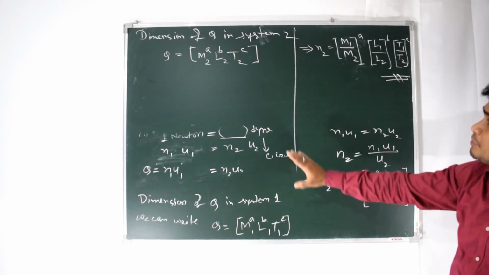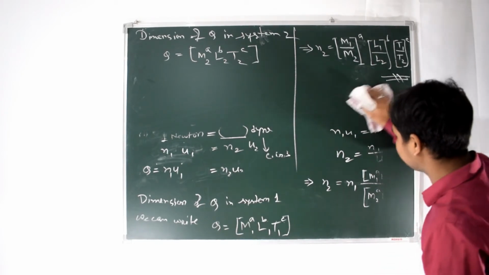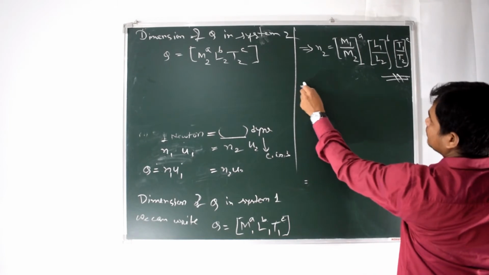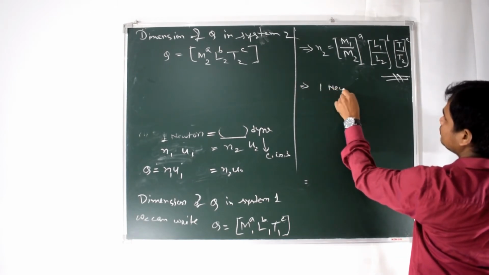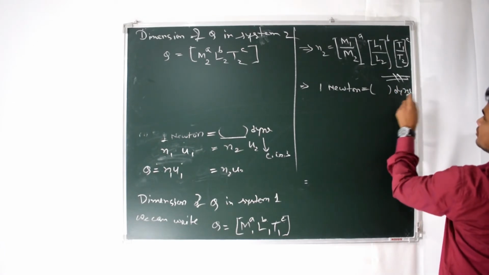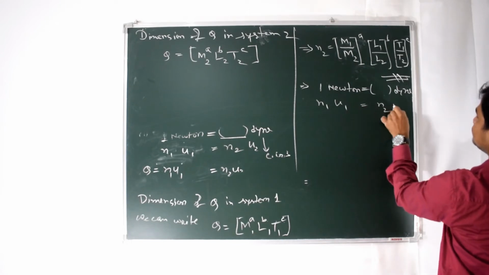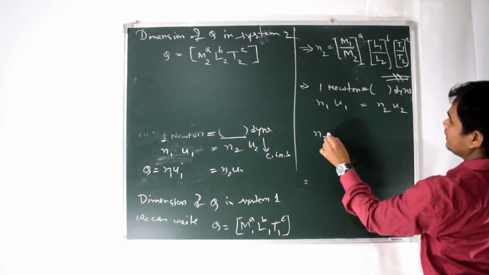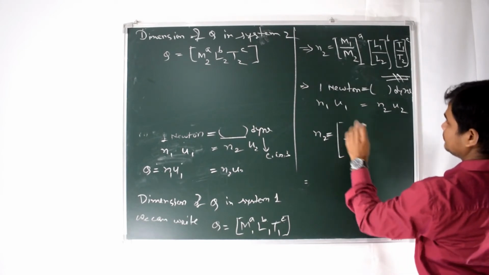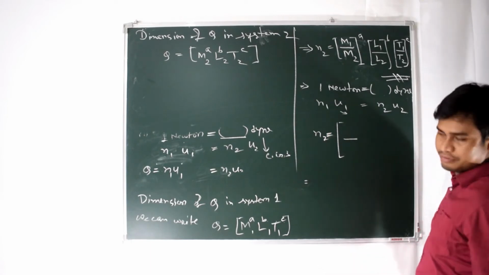Now we are going to specialize this for 1 Newton and dyne. We have to convert 1 Newton to dyne, so we are finding N2. The first system is SI, with Newton.